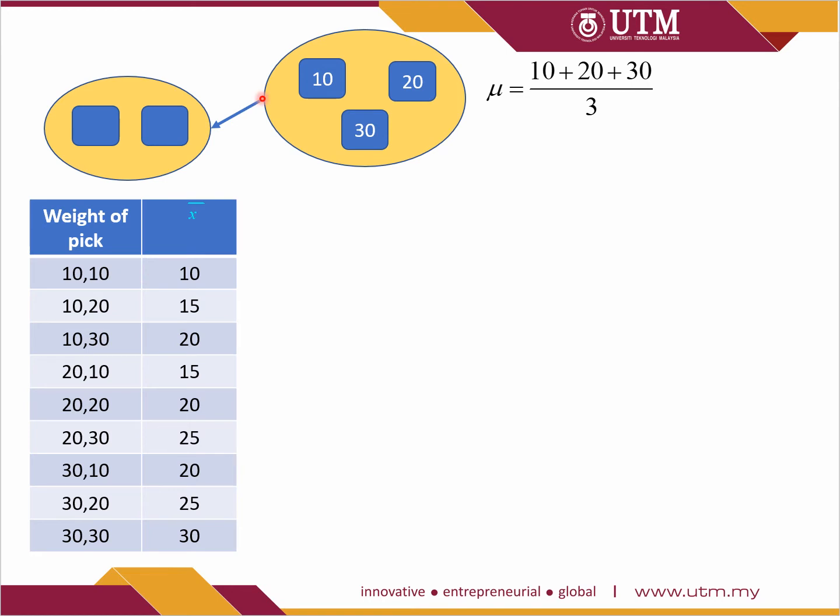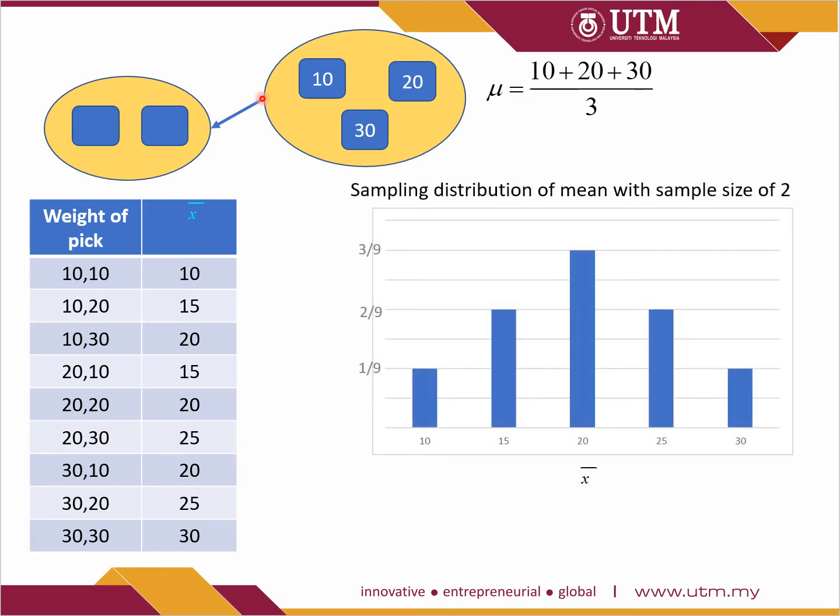So from this table, we can make the sampling distribution of mean, with sample size of 2, given that sample size of 2 is the number of packs of rice that we choose. Okay, so here we have a list of means, given that it starts from 10 and we have means of 15, 20, 25 and 30. So for the mean of 10 kilos, there is only one outcome from here out of 9 outcomes.